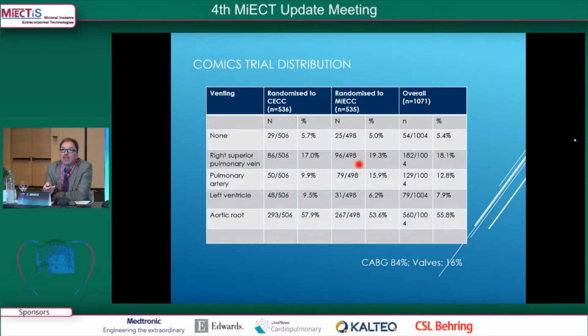We have LV or pulmonary artery venting a little bit more in the MiECT group, 13% versus the conventional group, but there is pulmonary artery venting in the conventional group. And 85% of these patients were CABG, so you would expect aortic root venting to be prevalent. And we see that in at least 56%, 57% of the cases, doesn't matter if it's conventional or MiECT.